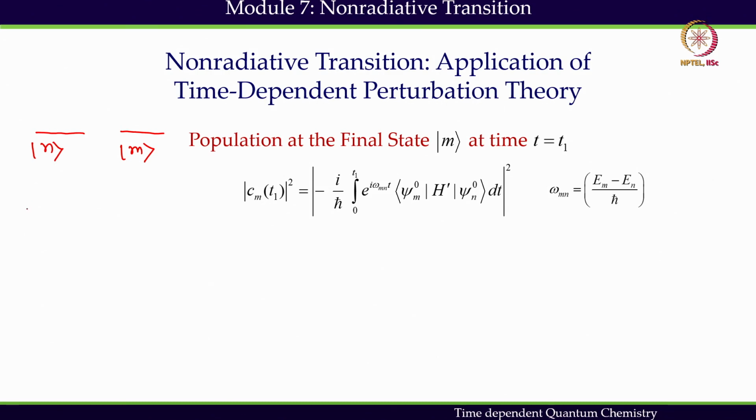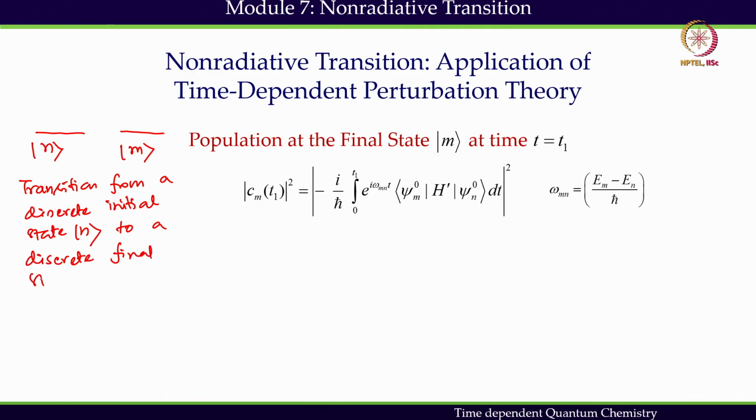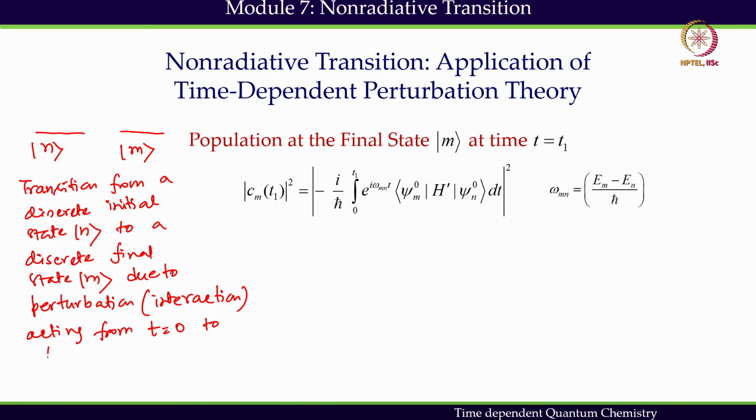So, what we will do is consider the transition from a discrete initial state n to a discrete final state m due to perturbation, which is the interaction acting from t equals 0 to t equals t1.